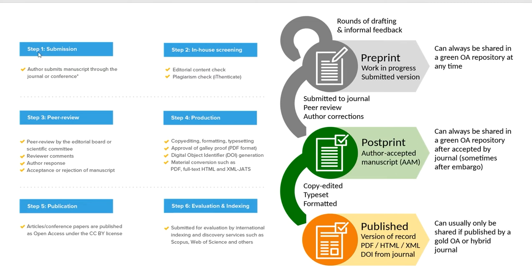If you want to submit your paper through a conference or journal, whatever it may be, the process starts with submission, then in-house screening and peer review, then the production stage and publication stage, and finally evaluation and indexing. You must know that every article published in a Scopus indexed journal is not given the indexing by Scopus itself.